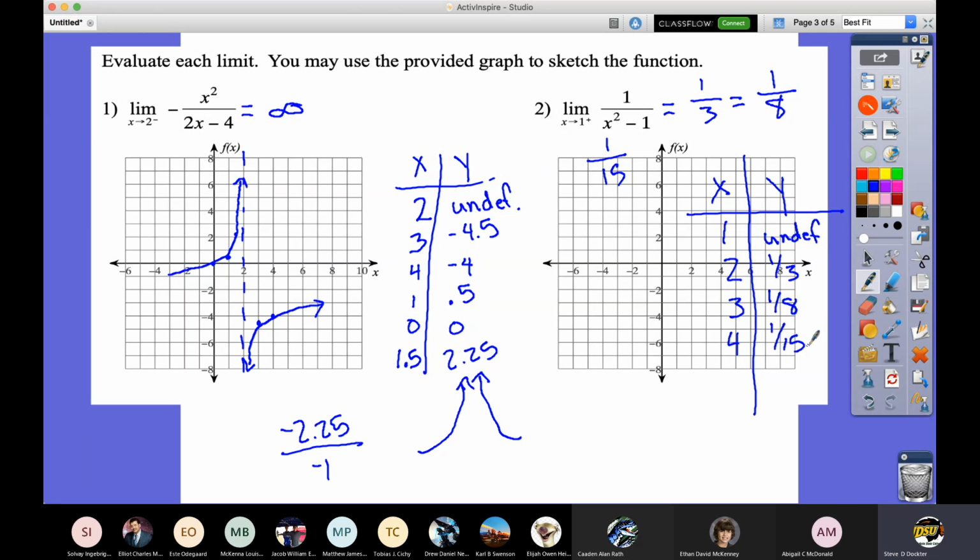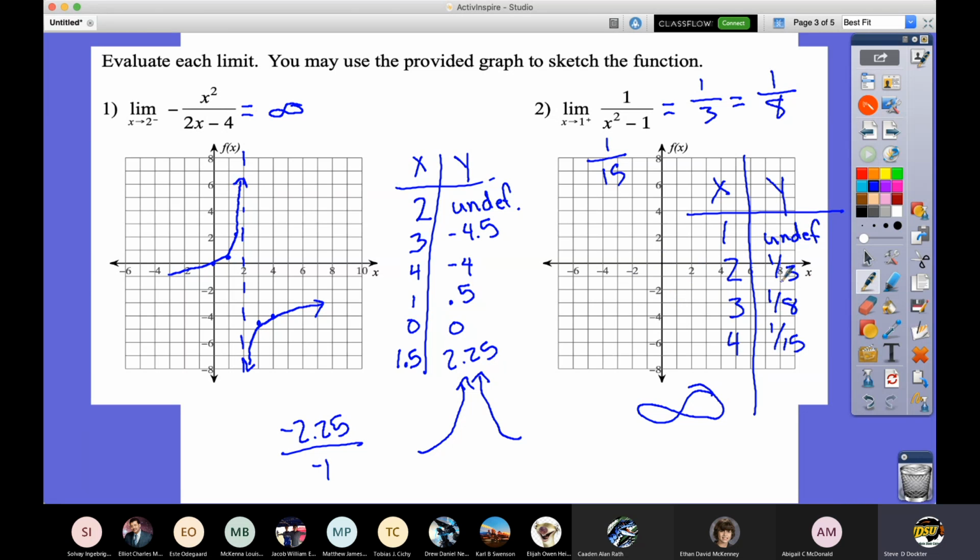So we have to tell, as we are getting closer to 1, whether our numbers are getting bigger or smaller. At 4, we're at 1/15. At 3, we're at 1/8. At 2, we're at 1/3. These numbers are getting bigger the closer we get to 1. So then our answer would be positive infinity.